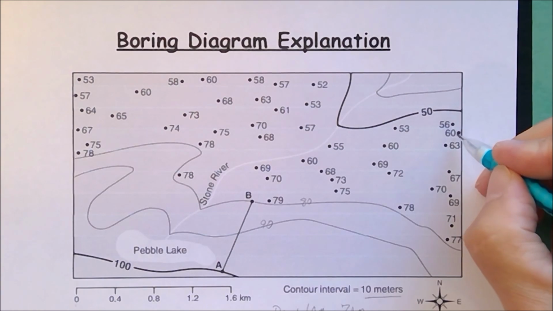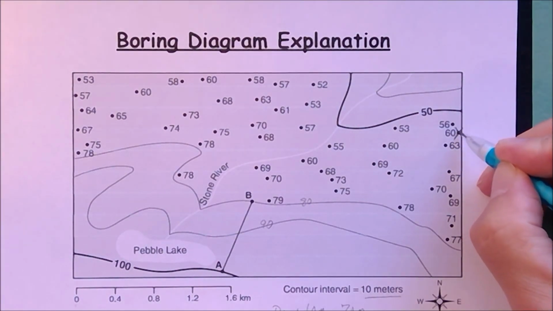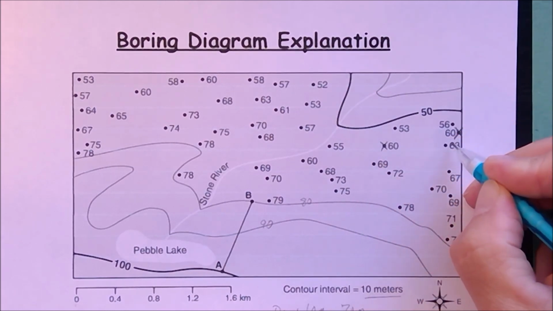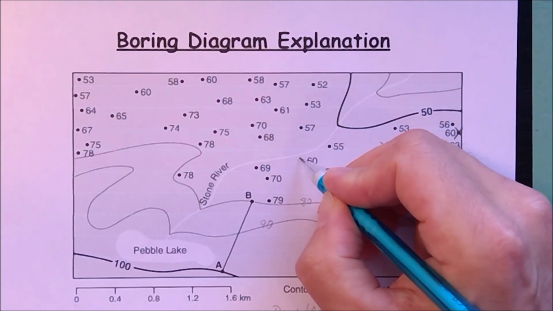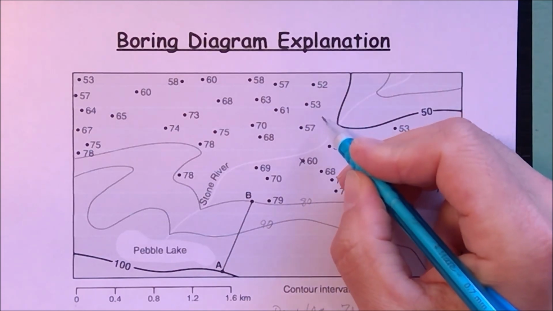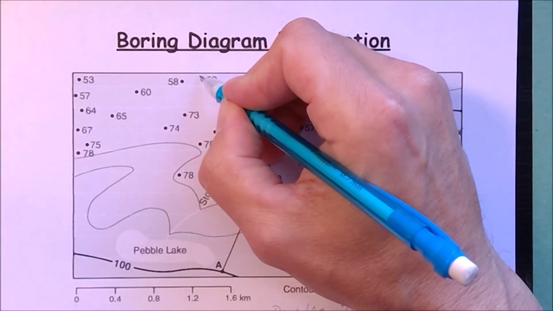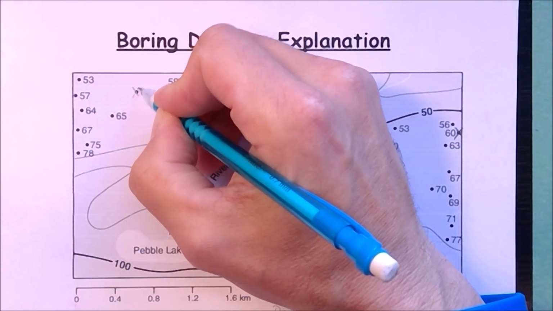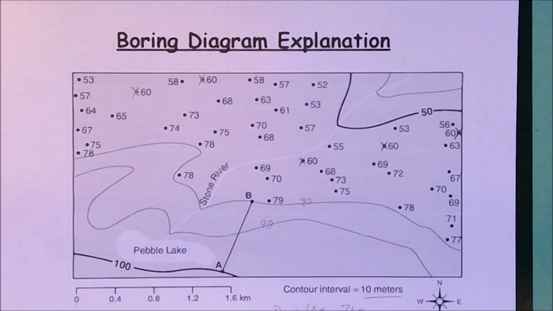So I'm going to start off by putting an X. There's one over here. Here's a second contour with measured elevation of 60. Here's a third 60. Scanning the map, there's a fourth 60 up here and a fifth 60 up here.